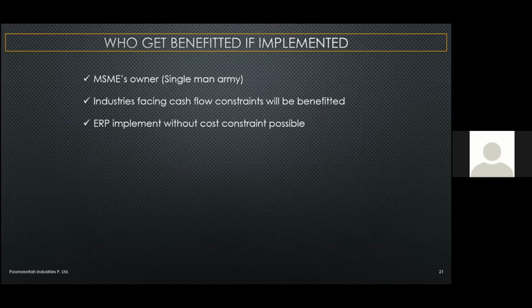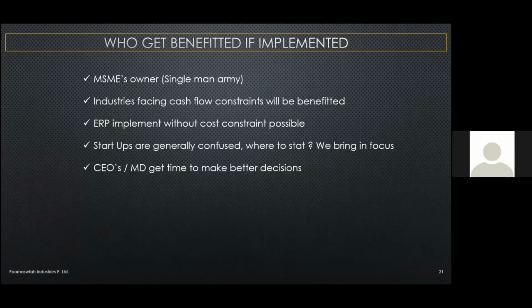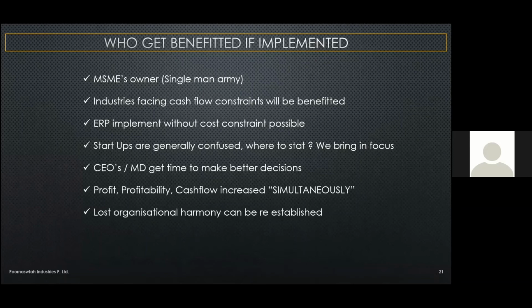Startups are generally confused about where to start from. We bring in focus, as I said earlier. CEOs and MDs get time to make better decisions by defocusing from unnecessary things. This is a very important aspect. Profitability and growth increase simultaneously. It happens together. Lost organizational harmony can be re-established. As we talked about subordination, this is the gain out of the subordination aspect.